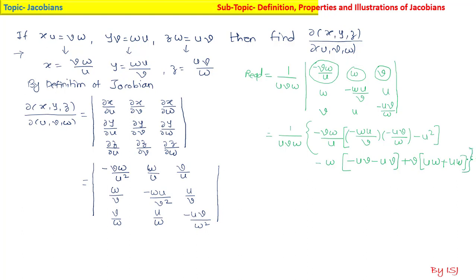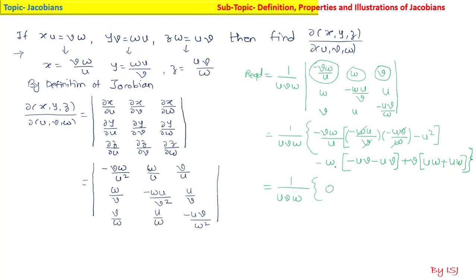Let's simplify this. So it is 1 upon uvw into, now this v cancels, w also cancels, then minus u into minus, that is plus u square, and this minus u square, this term will be totally 0, and 0 into this thing is 0, this first thing is 0.